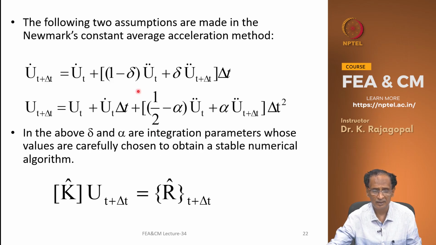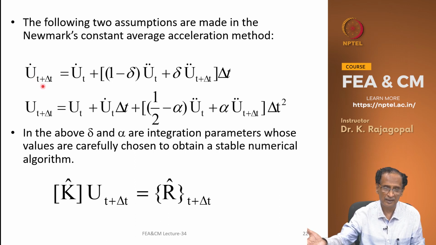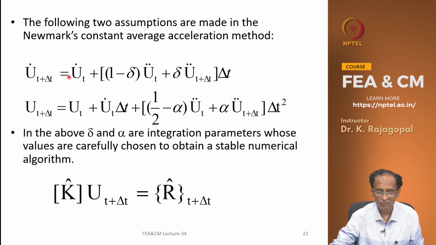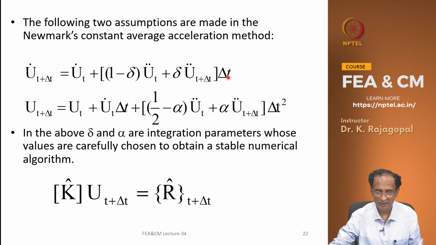Newmark's method is called the average acceleration method. The velocity at the next time step t plus delta t, we can write in terms of the velocity at time t, plus 1 minus delta times the acceleration at time t, plus delta times the acceleration at time t plus delta t, multiplied by delta t.